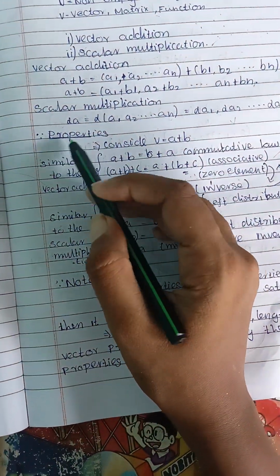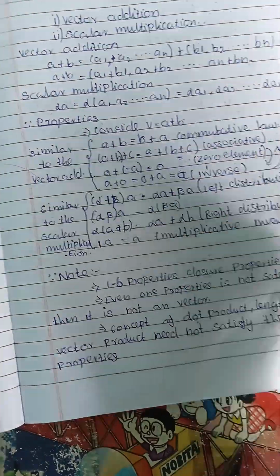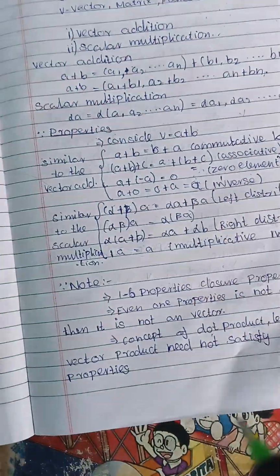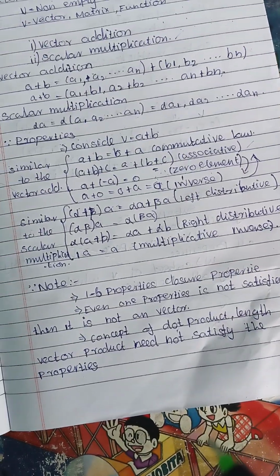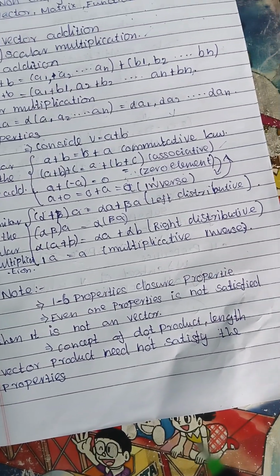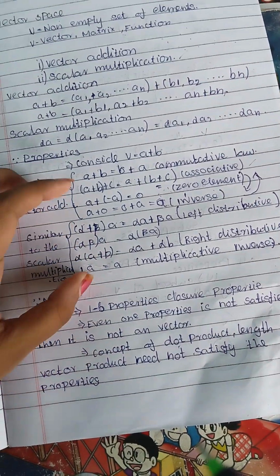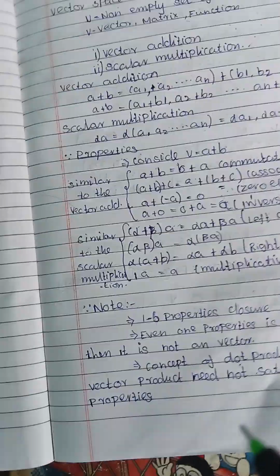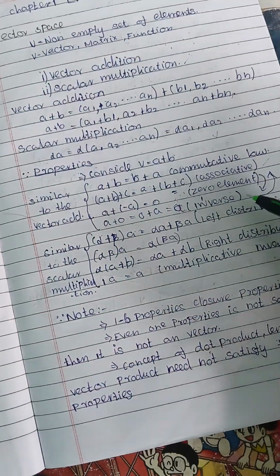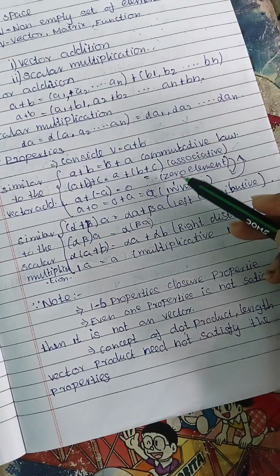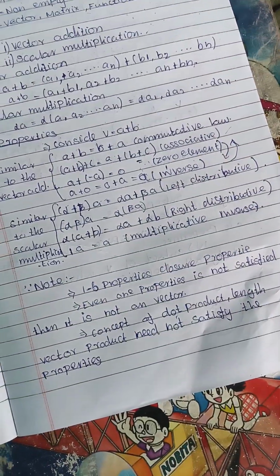Next, these are the properties which we are going to discuss today. The commutative law says A plus B is equal to B plus A. Similarly, associative, inverse, zero element, left distributive, right distributive and multiplicative inverse are included. The first six laws, which means commutative, associative, inverse, zero, left distributive law, are considered as closure properties.